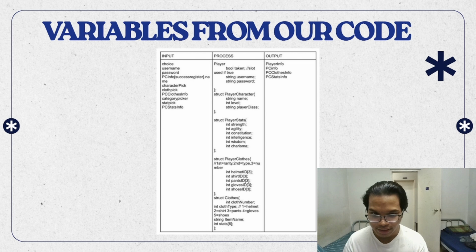And lastly, we inserted class number and class type, with first helmet, second shirt, third pants, fourth gloves, and fifth shoes. Then we inserted string item name, and lastly int stats with an array of stats inside of struct named clothes. And last of all, inside of input, we inserted player info, PC info, PC clothes info, and PC stats info.